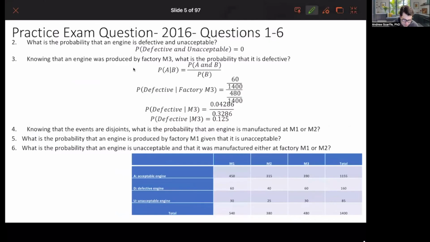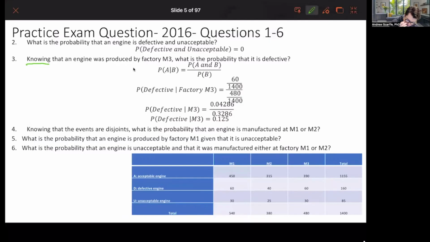Knowing that an engine was produced by factory M3, what is the probability that it is defective? Okay, this is a hint. Anytime you see something like knowing or given, that is our signal for conditional probability, going way back to the beginning of the course.